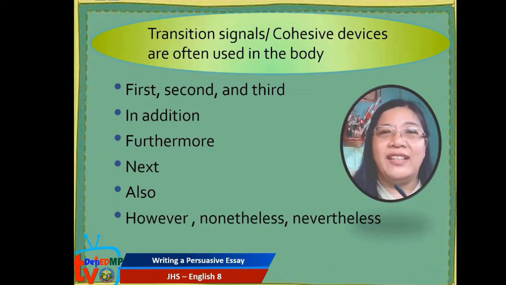In the process of writing the body, remember to make use of transition signals or cohesive devices to present your ideas more clearly and naturally. We have learned about these grammatical signals in 2 other previous lessons, but do refer to your notes or modules if you need a short review.